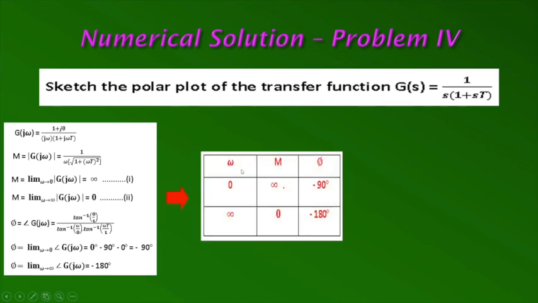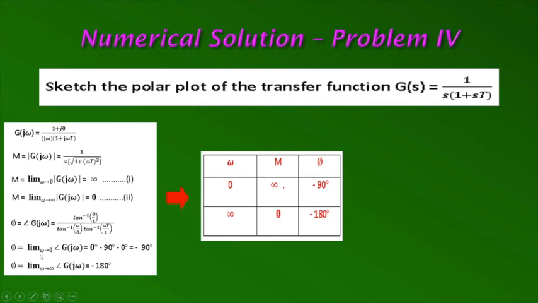Then taking the table, when omega equal to 0, calculate the magnitude. Put 0, then the magnitude is infinity. When omega equal to infinity, the magnitude is 0. Then calculate the phase angle.